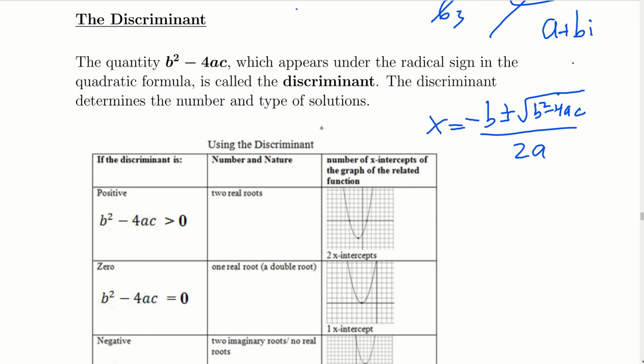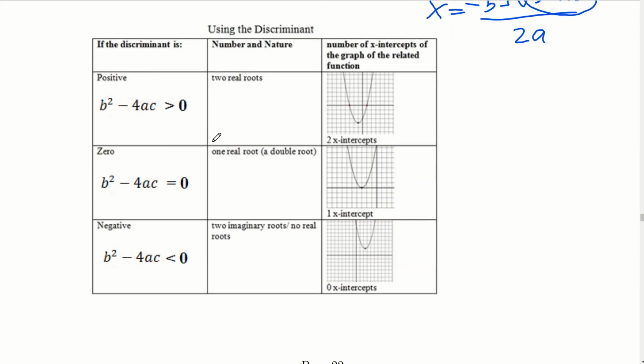So if you look at the quadratic formula, just the part that's under the square root, this part right here, the expression b squared minus 4ac, is what we call the discriminant. And the discriminant will tell us the nature of the roots.